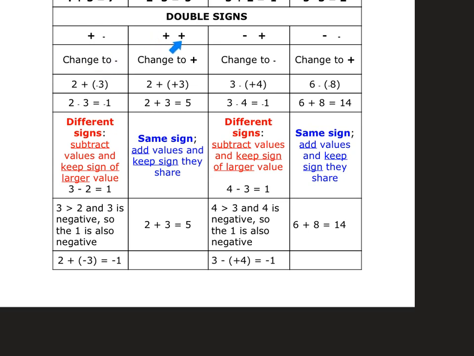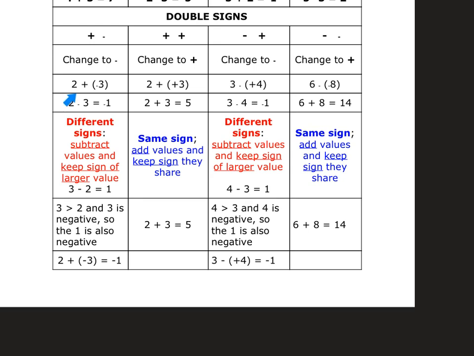Plus a positive double signs will change to just a plus sign or just addition. Minus a positive number will change to a subtraction sign. And minus a negative will change to a plus sign.